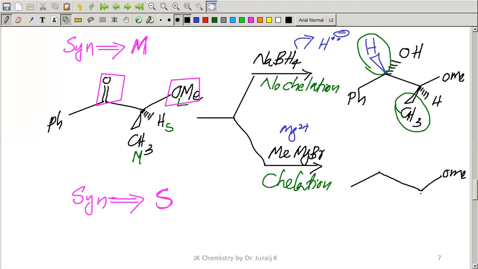Keep your substrate the same at the alpha chiral center. No change at all. Now your attack takes place from the side of the small group. Your small group is hydrogen. It is in the dash. So here your nucleophile is Me minus, that is CH3 minus.